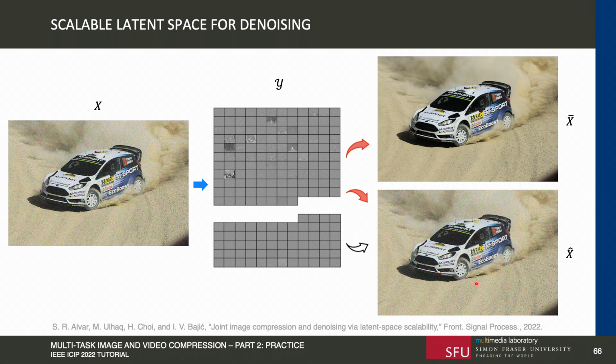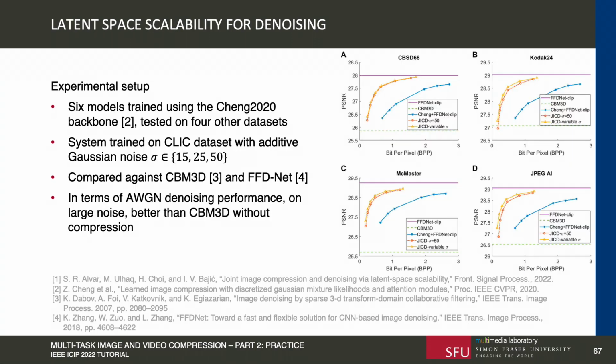So in some sense, this latent representation will separate the denoised signal from the noise information. So here are some of the experimental results. So for this scalable denoising system, we again started with the Chang 2020 backbone and restructured its latent space into a portion dedicated to a denoised image and then the portion dedicated to noise.